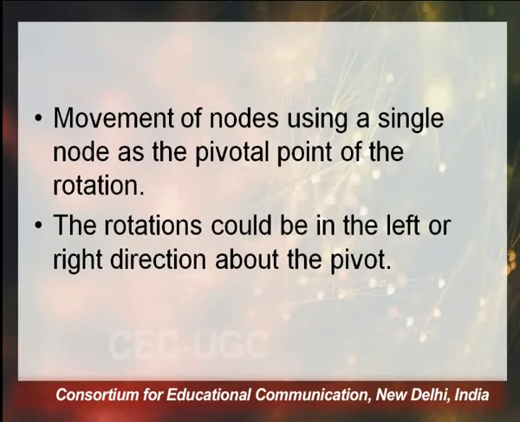Now this rotation could be in the left direction or could be in the right direction about the pivot. So we will be choosing one pivot depending upon whatever the situation is. The tree is left unbalanced or the tree is right unbalanced, and then we will be performing some node movements either in the left direction or in the right direction, and that node movement around a particular pivotal node is termed as the process of rotation, or simply rotation.